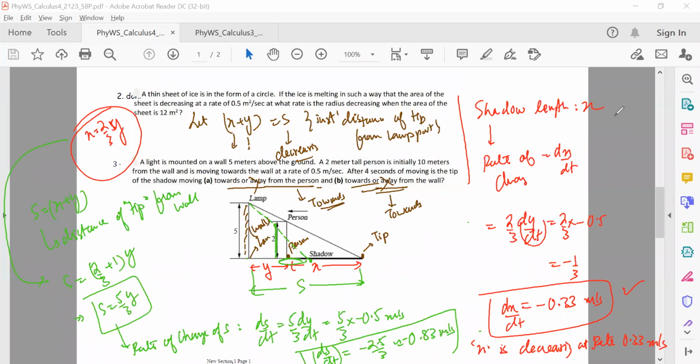Okay, I'll give you a minute if you need to note down anything over here, then we'll move on to the next page. Okay, so let's move on.